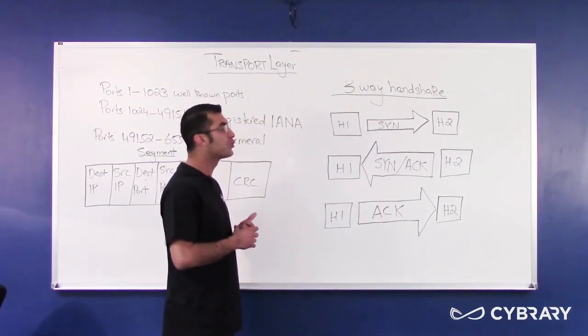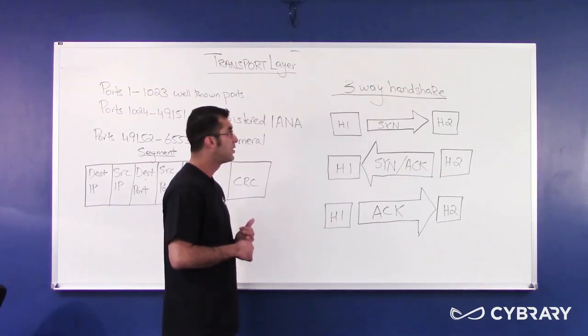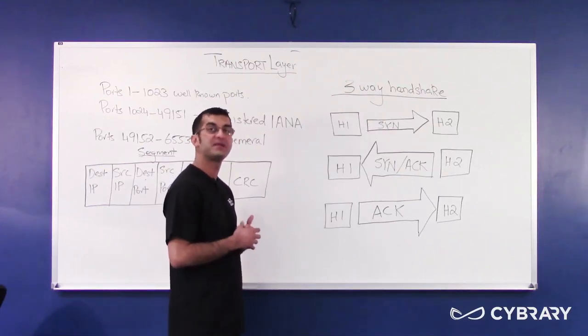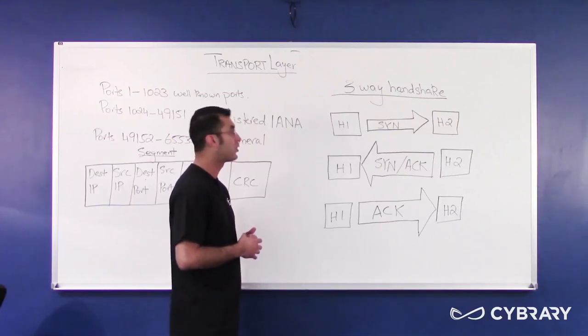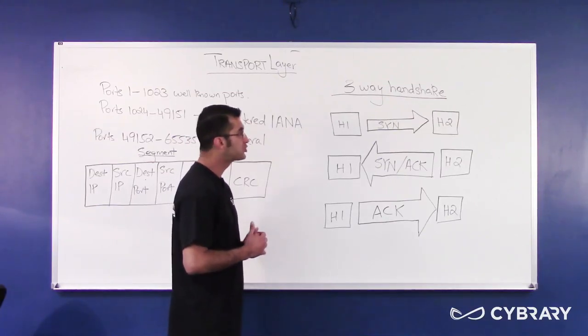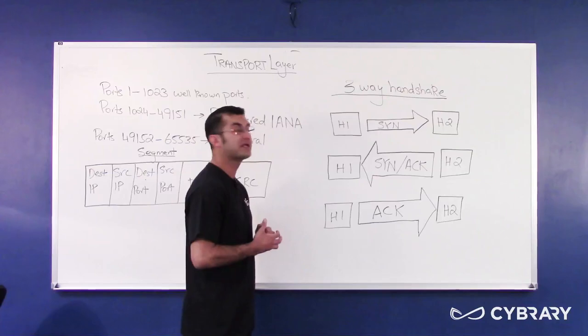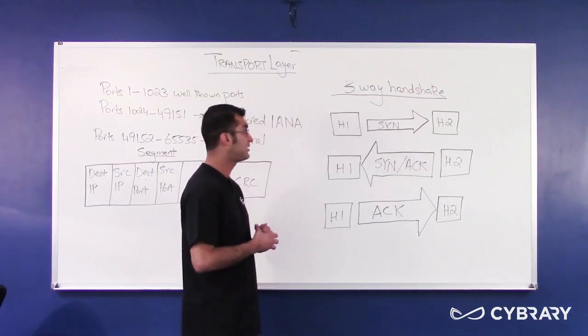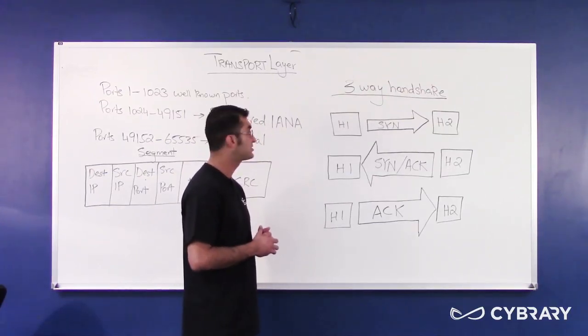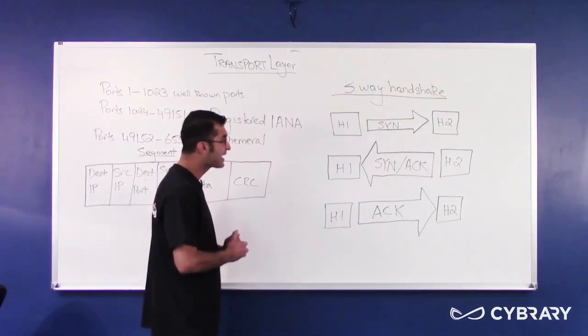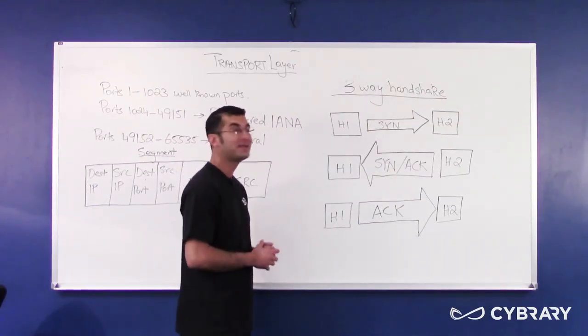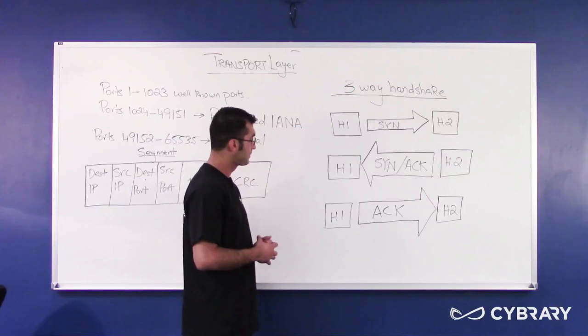Host 1 sends host 2 a segment with the synchronized bit turned on, or a synchronized segment, or a SYN segment. Host 2 replies with an acknowledgement to that SYN with a SYN ACK, or synchronized acknowledgement. And then host 1 sends back an acknowledgement acknowledging the SYN ACK.